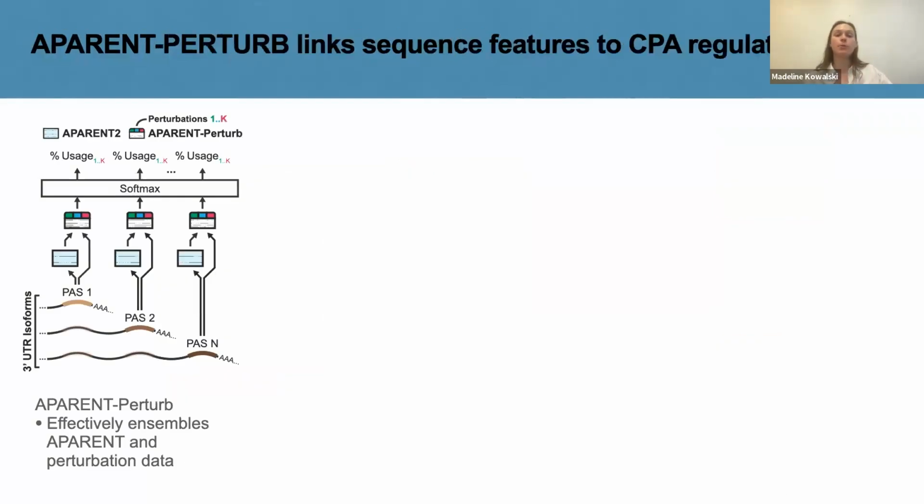They used both our perturbation data and Aparent2, their previously trained model, to train a new multitask neural net, which we call Aparent-Perturb. This predicts polyA site usage from sequence in the context of each of our perturbations. This again allows us to identify sequence features that are important, but now we can link these sequence features to particular regulators.